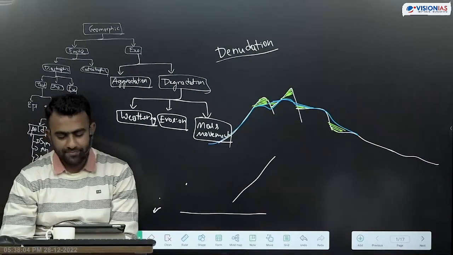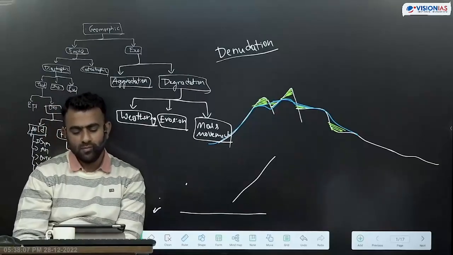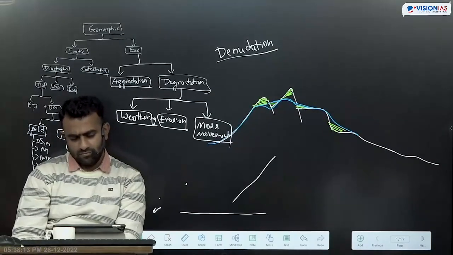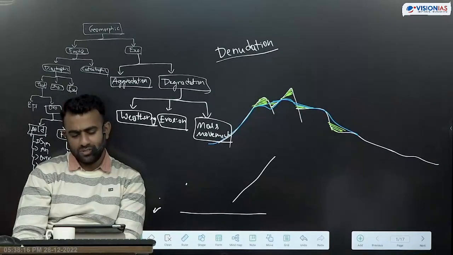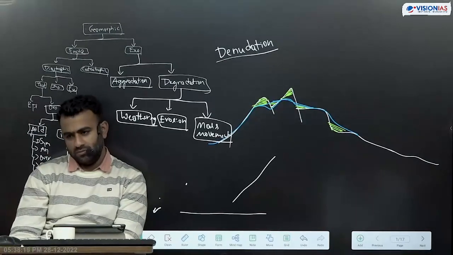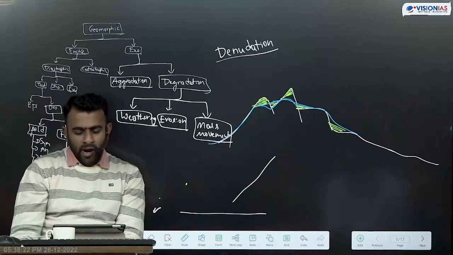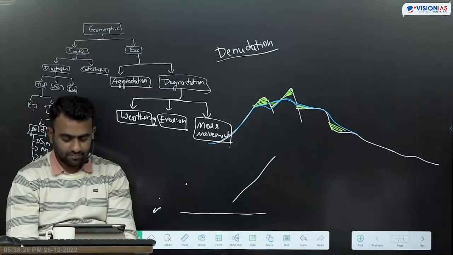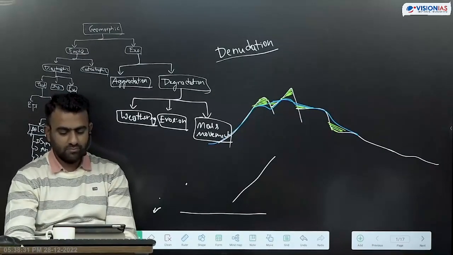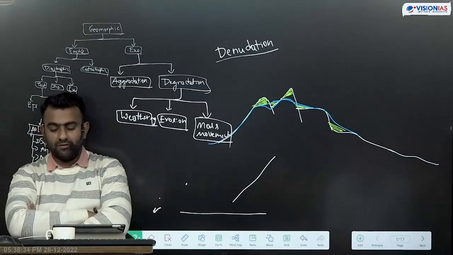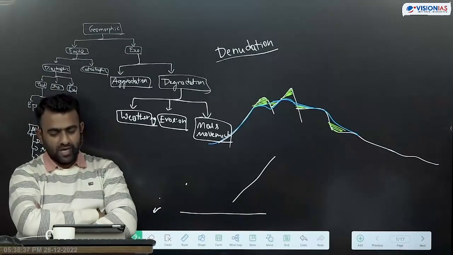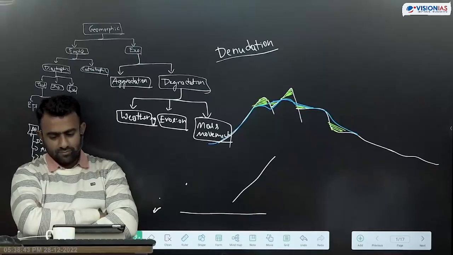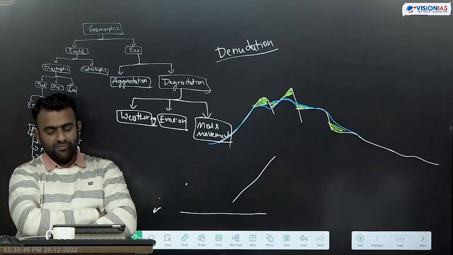Denudation involves the combined action of various processes that cause wearing away of Earth's surface.